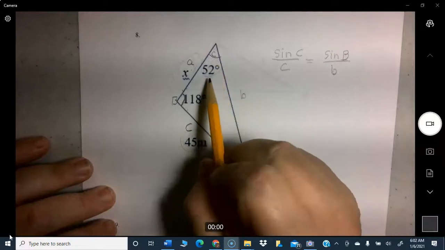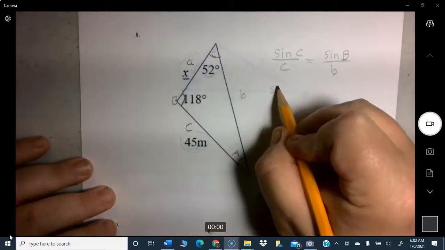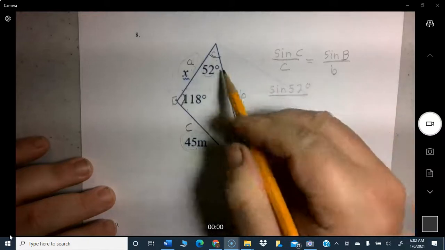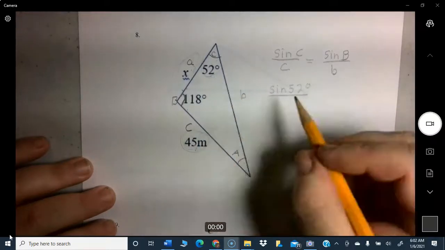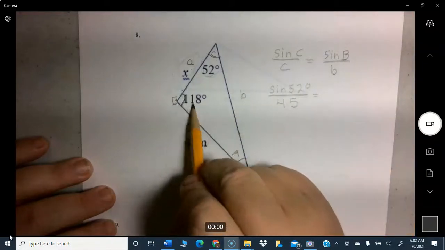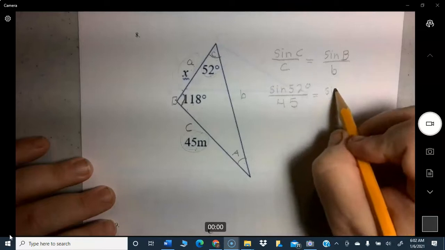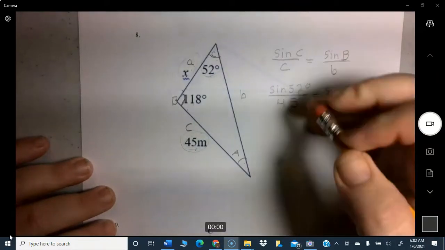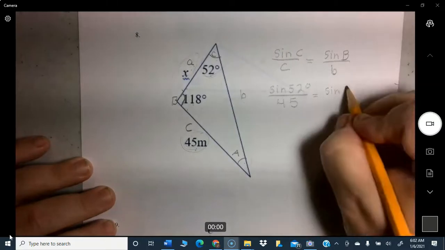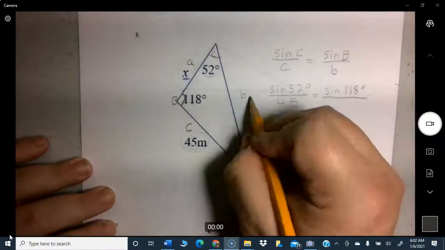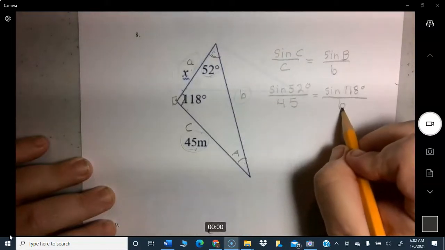Sine C, C is 52 degrees, and side C is 45 meters, equals sine B, which is 118, over the unknown side B here.